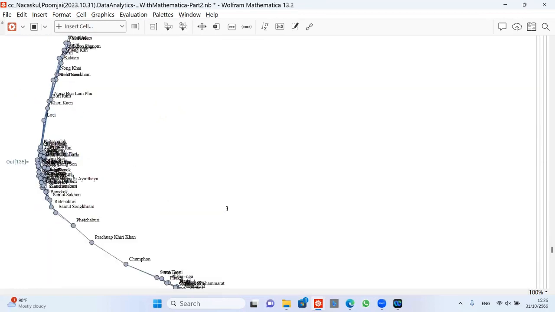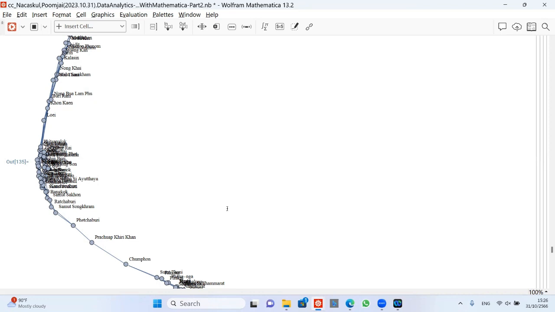What it does is that if you think of traveling from one province to the other as being effort, this is how the machine learning has put provinces that are close together.